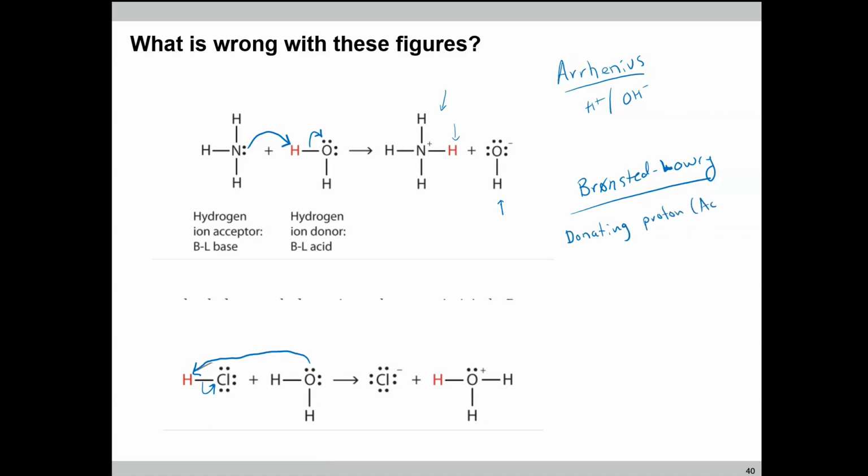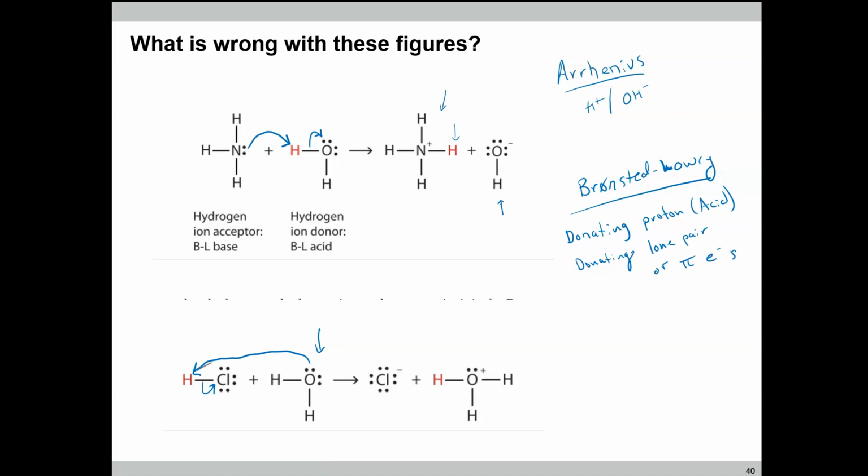That is the acid. And then for the base, we're going to be donating a lone pair or pi bond electrons.